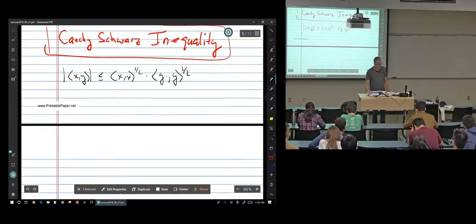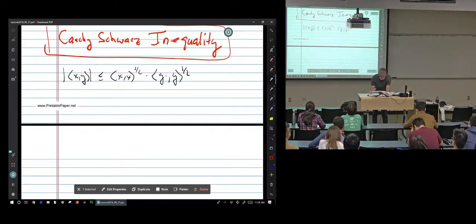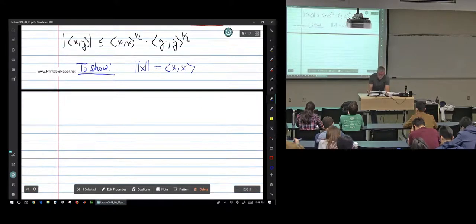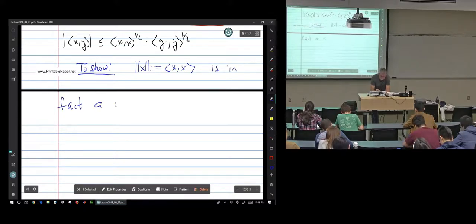Okay, so the cool thing that that's going to allow us to do is that if we define the norm of x to be the square root of the inner product of x with itself, this is, in fact, a norm on x.